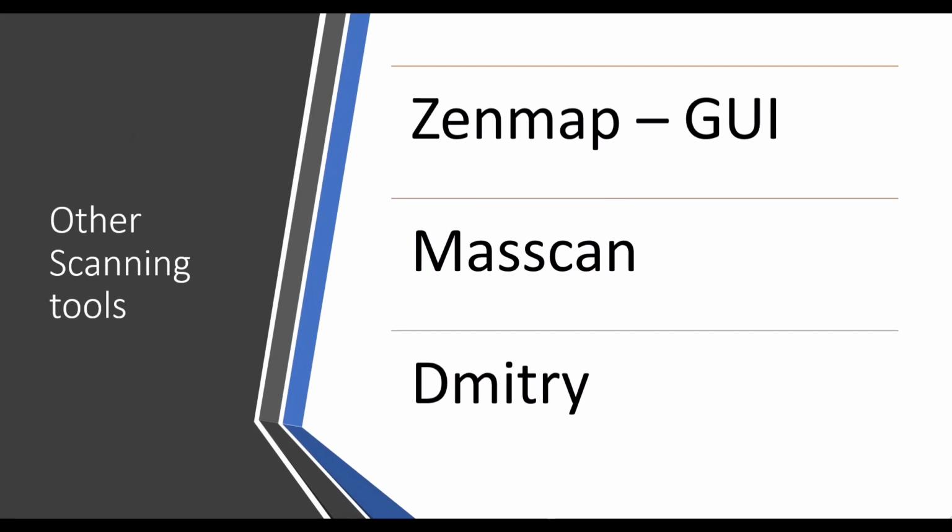When you are going to do certifications like OSCP, you can use masscan as well. In some machines you are not able to identify information through nmap, so in that case you can use masscan, right? And Dmitry is also there. This is also a tool used for functionality like port scanning, and you can check DNS records with the Dmitry tool.